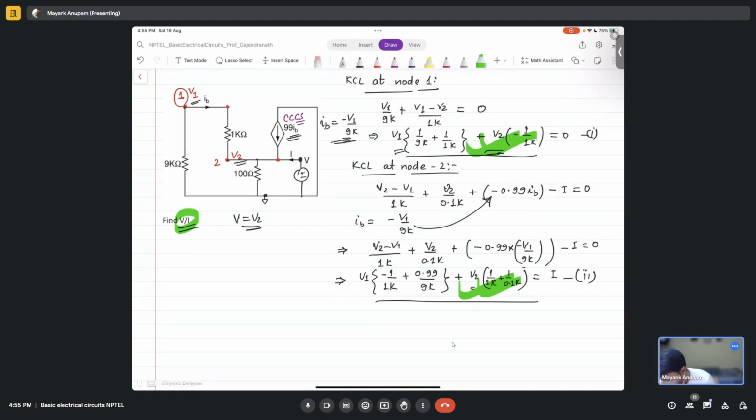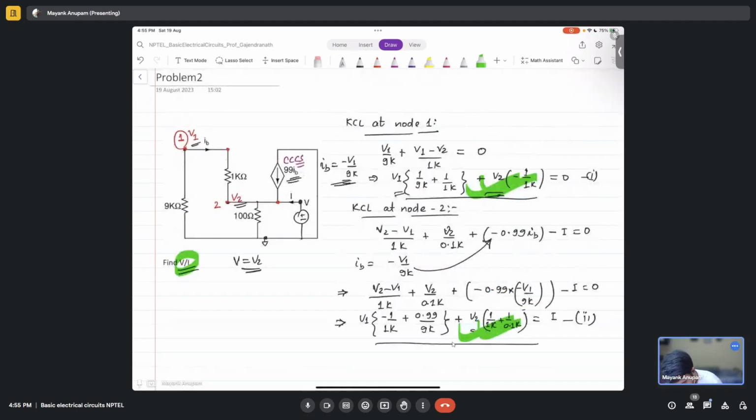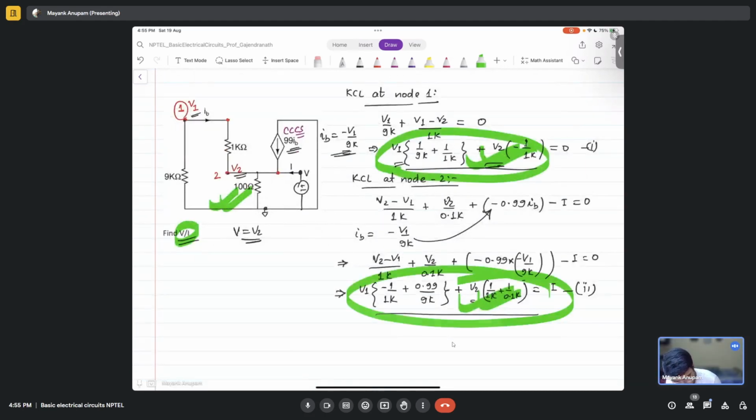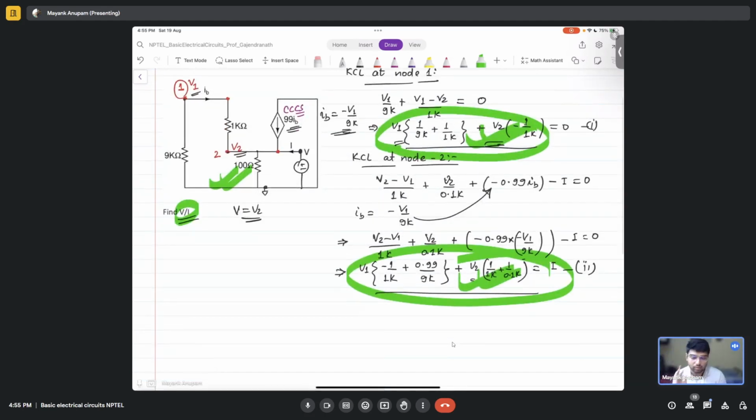You can also form the matrix just by looking at the network, just as we did in the earlier example. So you people try that. This is easy. Form a matrix using these equations, then form it by looking at the network, and see whether both are the same or not.